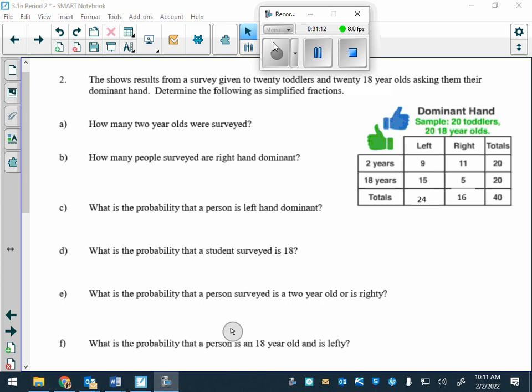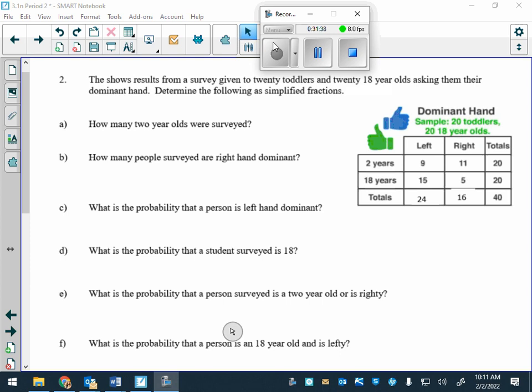Pearson, thank you. 63 over 78, and if you could reduce, you can. I'm not sure if you can. But number 4, what do we got? Which is the reasonable conclusion? Anybody? Catherine, thank you. D is correct.